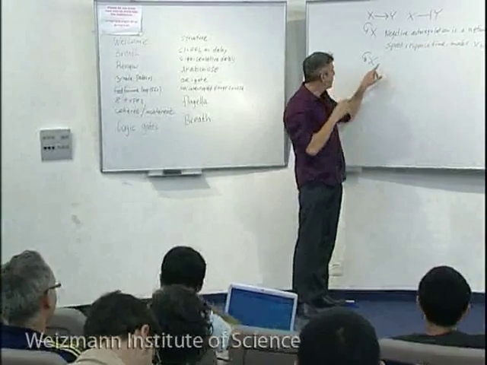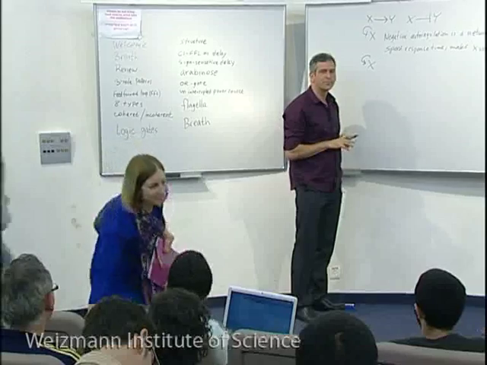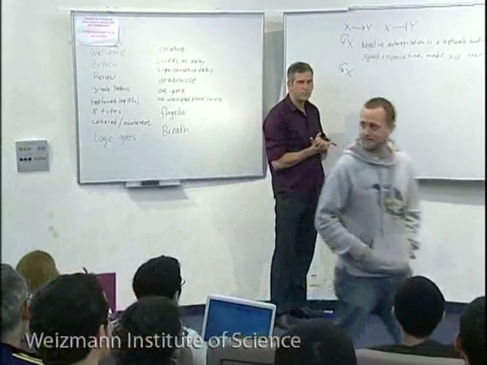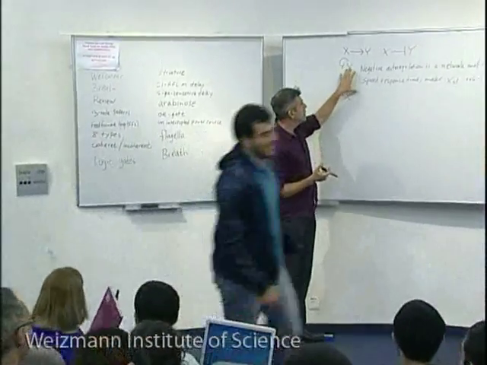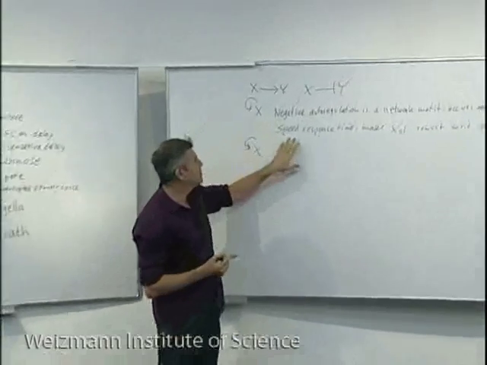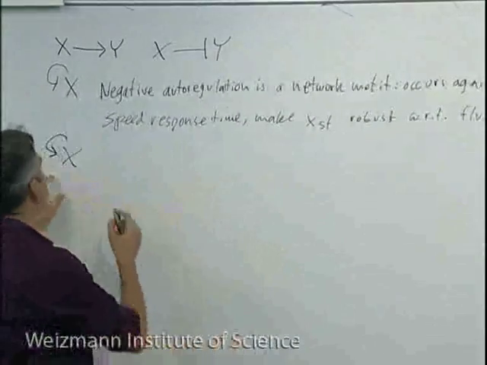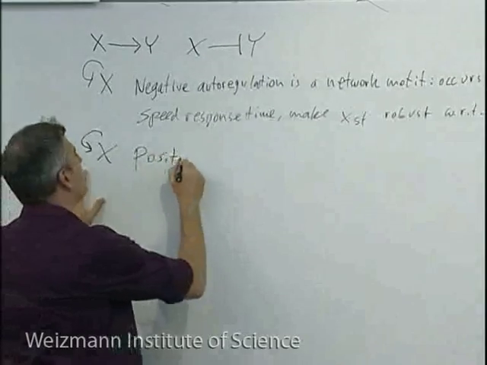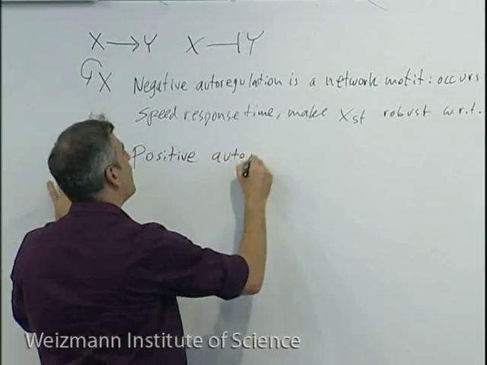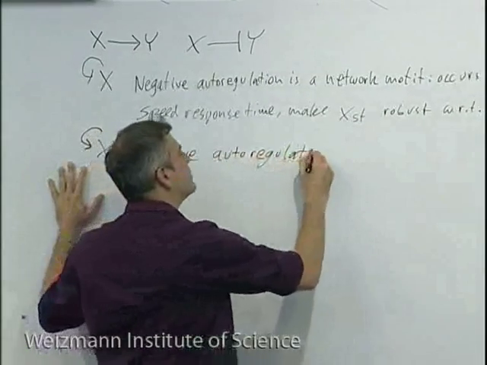Yes, and positive autoregulation. So if negative autoregulation speeds response times and makes the X steady state robust with respect to fluctuations, positive autoregulation does the opposite.